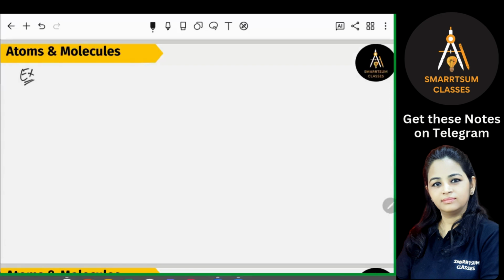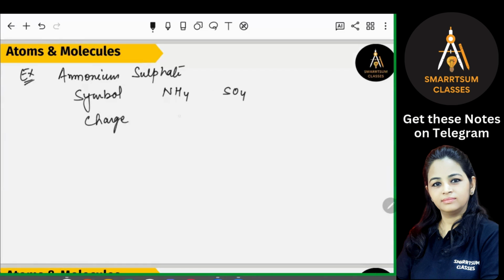Another example, ammonium sulfate. Symbol: ammonium is NH4, a polyatomic ion. Sulfate is SO4, both are polyatomic ions. Now the charge on the ammonium ion is +1 and on the sulfate ion is -2.